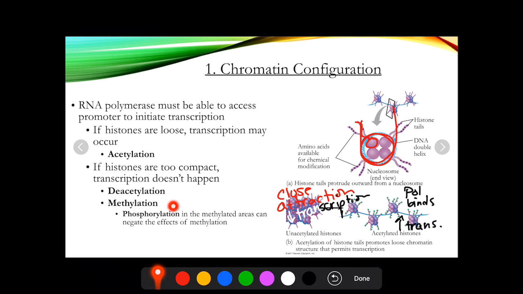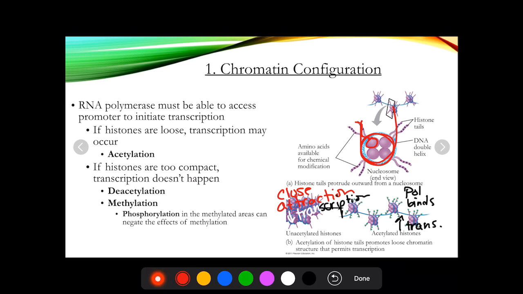Okay, so deacetylation and methylation leads more to this type of structure. So acetylation would increase transcription. Deacetylation, which is just the removal of the acetyl groups that you did in acetylation. So deacetylation and methylation increases how compact they are.